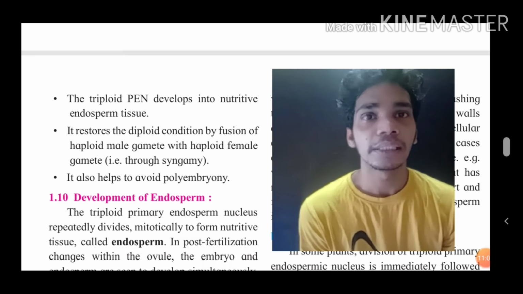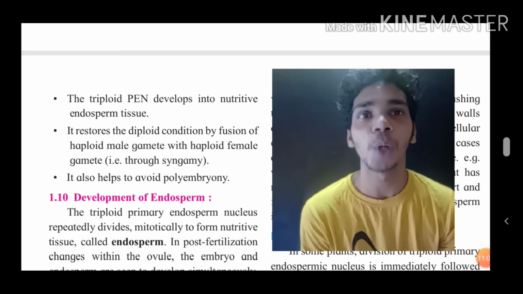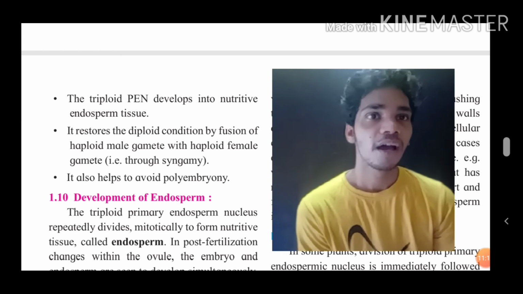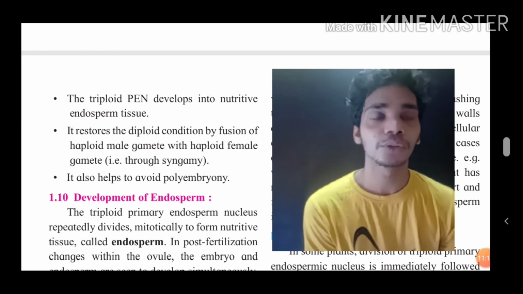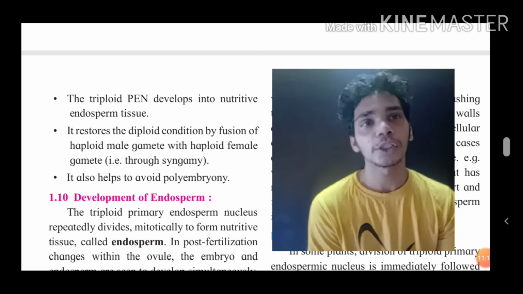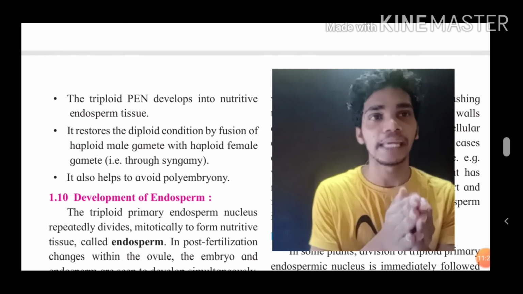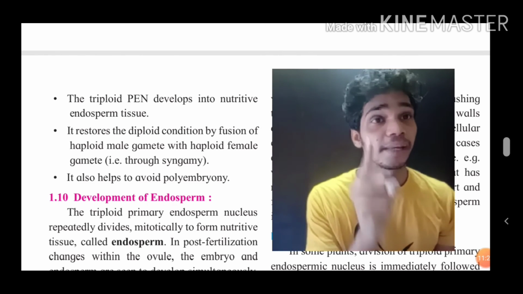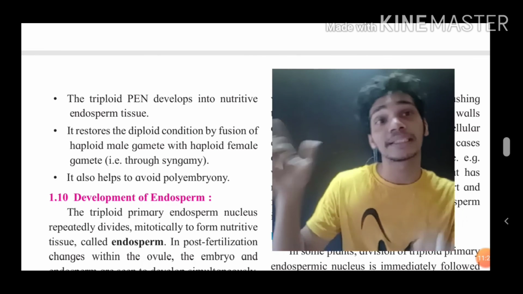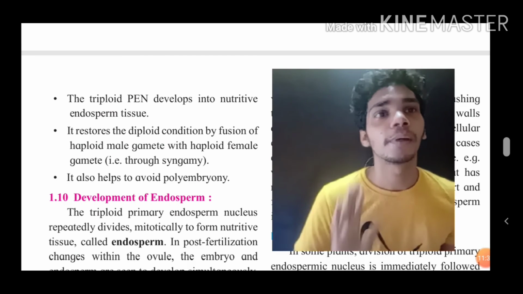The fourth point is that it restores the diploid condition by fusion of the haploid male gamete with the haploid female gamete, that is a true syngamy. Here is a very considerable point. There is production of two male gametes. One of them is going to fuse with the female egg, which has to undergo megasporogenesis first, so that it is a haploid cell, otherwise there will be a problem.